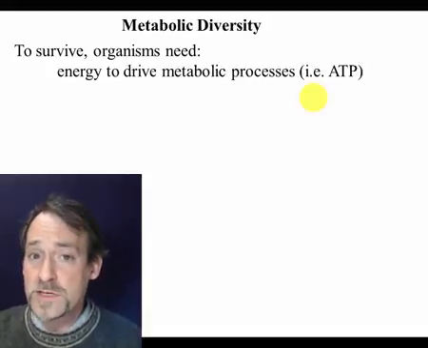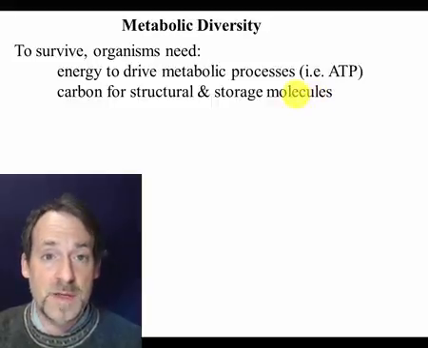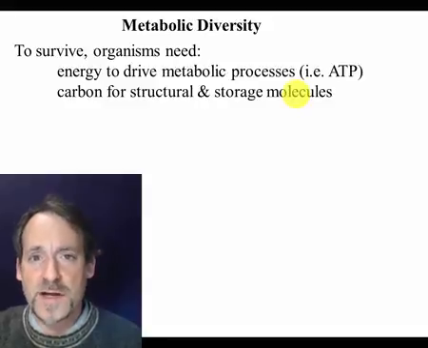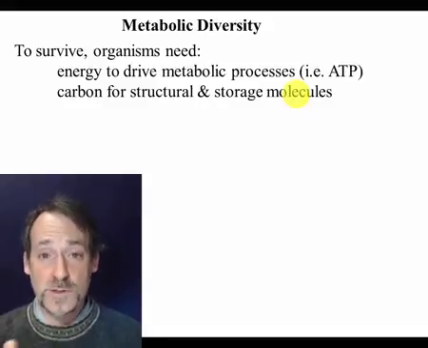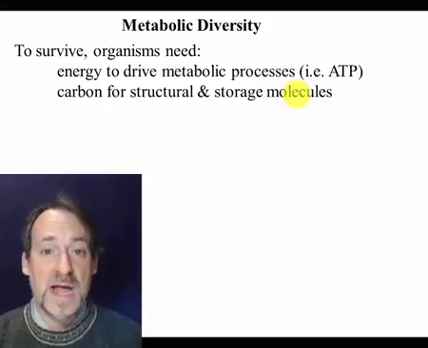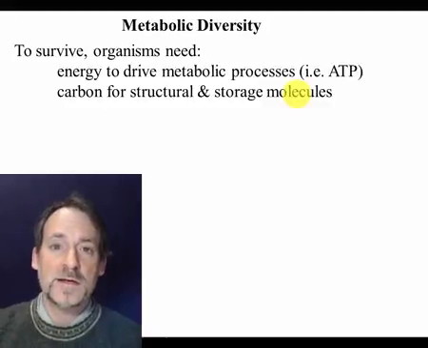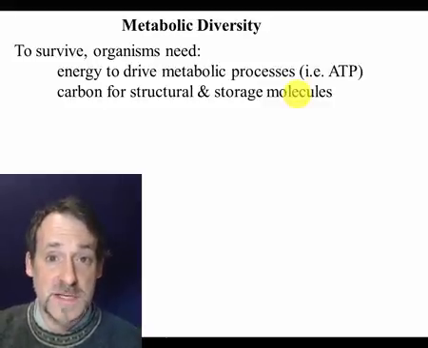So that's one thing that organisms use, but another thing they need is carbon. Almost all of the interesting molecules that you'll find inside any organism are carbon-based. It's such a versatile element that it forms the backbone of practically everything that's useful in your body. So in order to survive, organisms need these two things, energy and carbon.